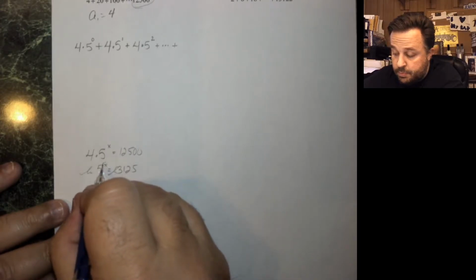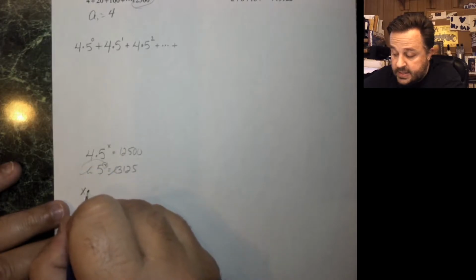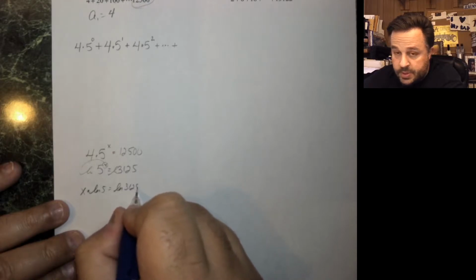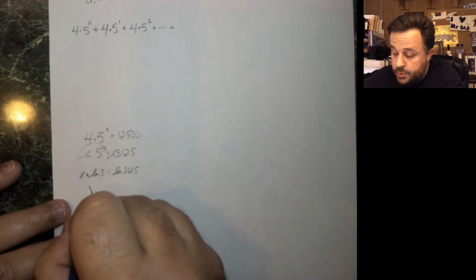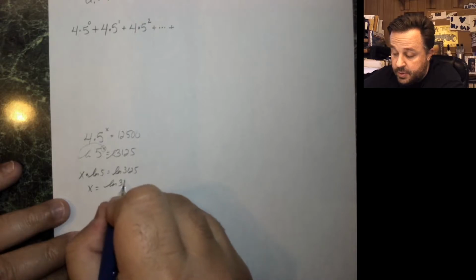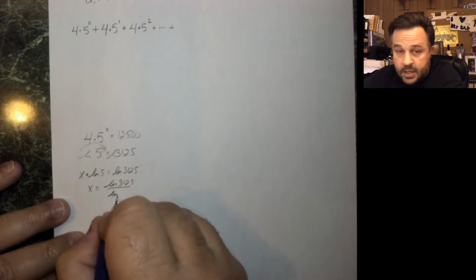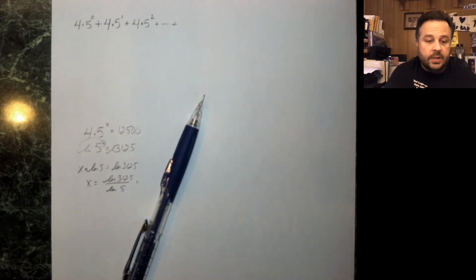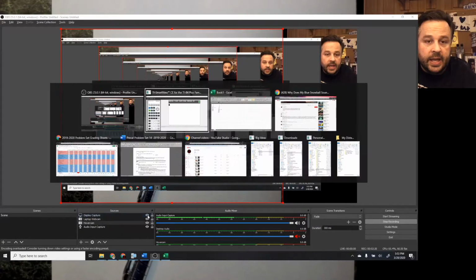Bring the power down: x times the ln of 5 equals the ln of 3125, which means x is the ln of 3125 divided by the ln of 5. We can now go to our calculators and calculate that out.